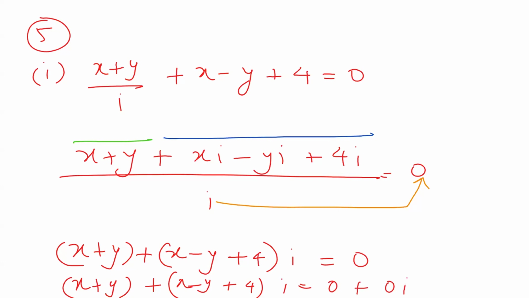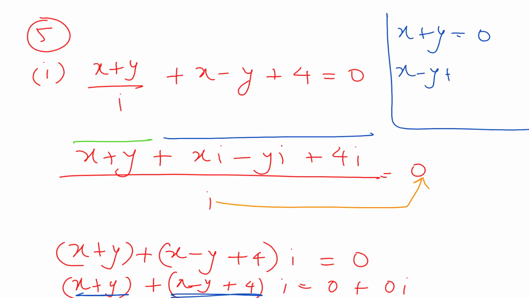So 0 can be expressed in complex number format as 0 plus 0i. Okay, so now compare the real and imaginary parts. The real part is x plus y, so x plus y equal to 0. Imaginary part is x minus y plus 4, so x minus y plus 4 is equal to 0.